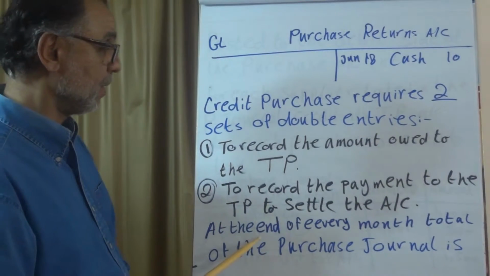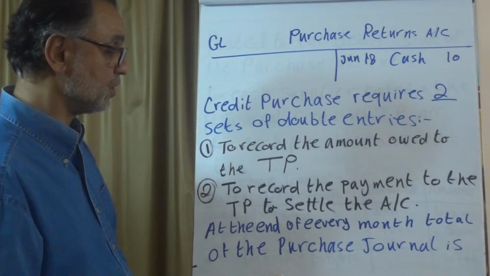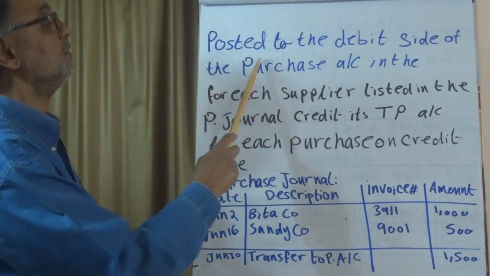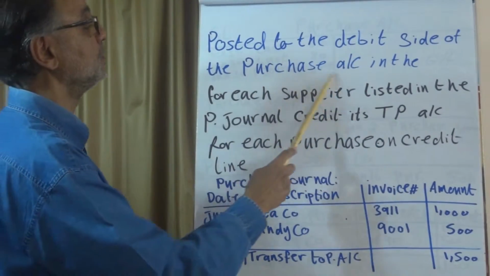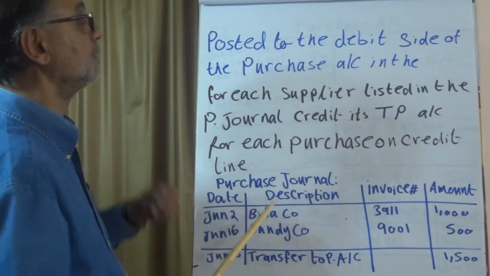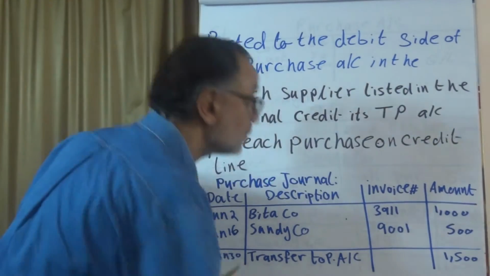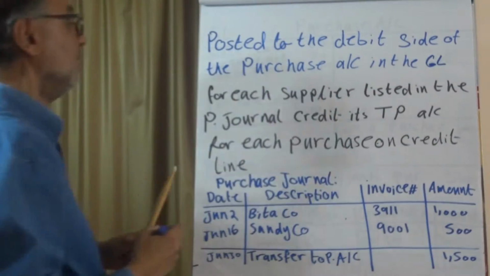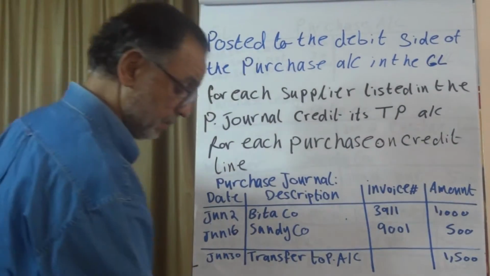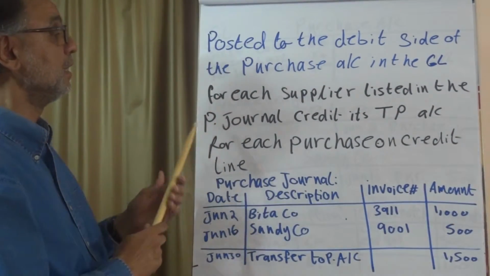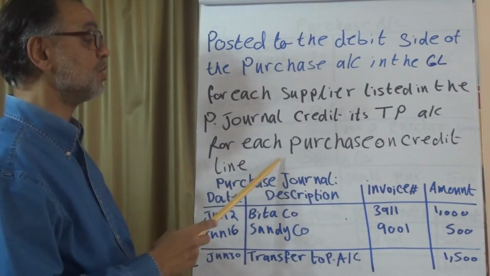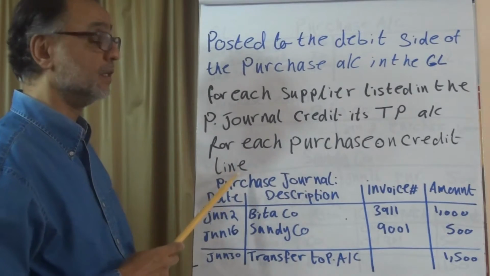At the end of every month, the total of the purchases journal is posted to the debit side of the purchase account in the general ledger. For each supplier listed in the purchases journal, credit its trade payable account for each purchase on credit line.